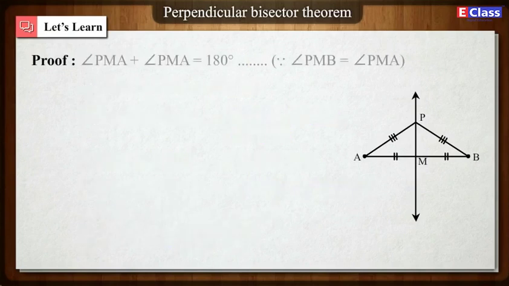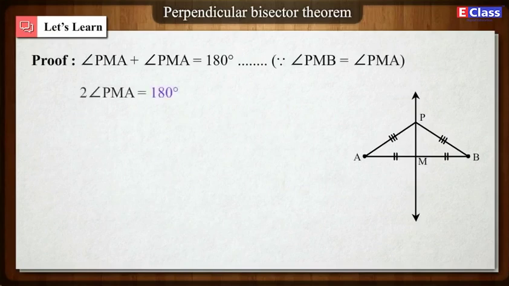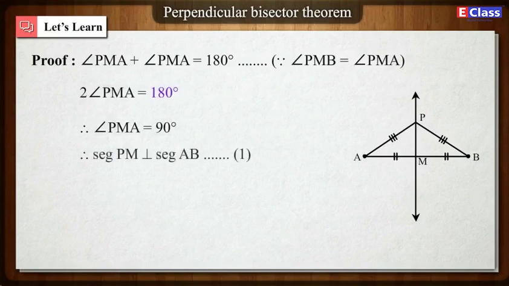Angle PMA plus angle PMA is equal to 180 degrees since angle PMB is equal to angle PMA. 2 times angle PMA is equal to 180 degrees. Therefore, angle PMA is equal to 90 degrees. Therefore, segment PM is perpendicular to segment AB.